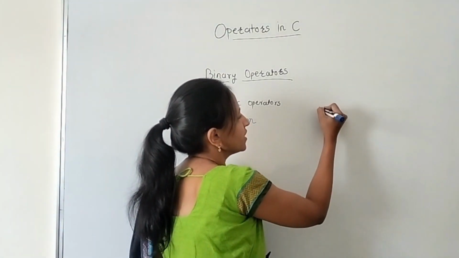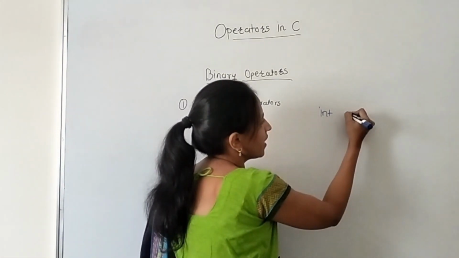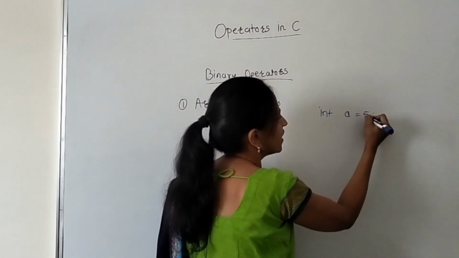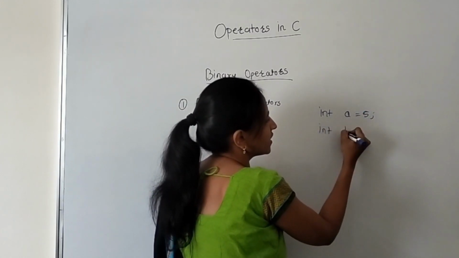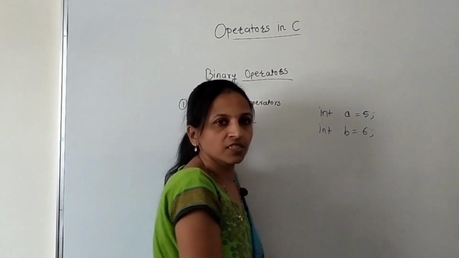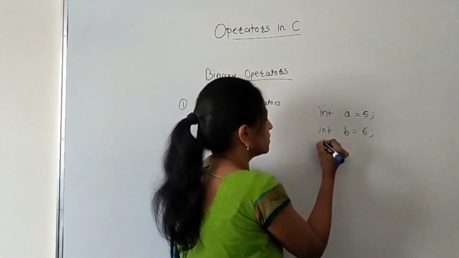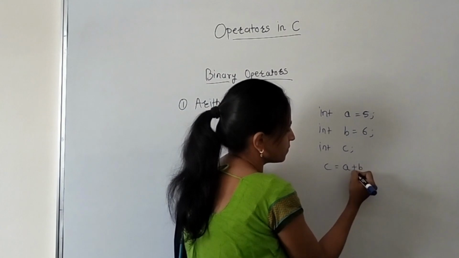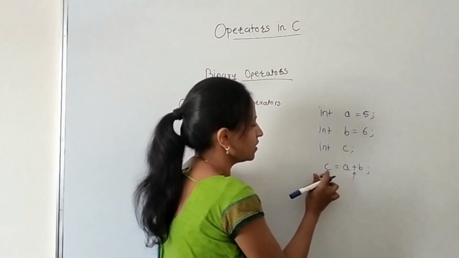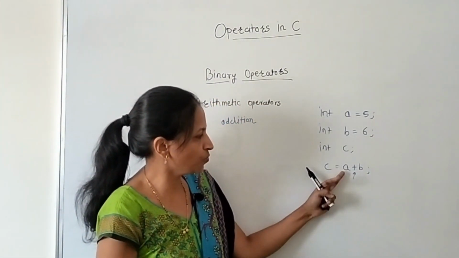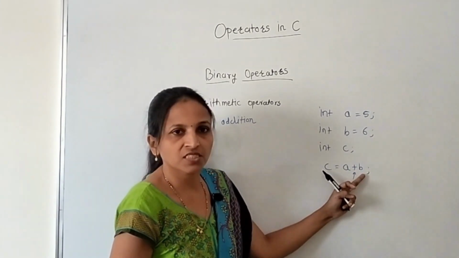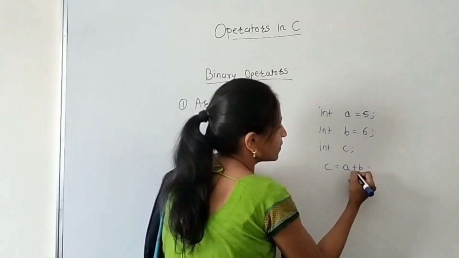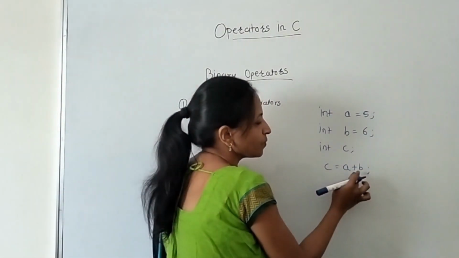Suppose we have two variables in a program, like A equals 5 and one more variable I have declared, B equals 6. Now suppose there is one variable C and I am writing C equals A plus B. Now this C will have the value 5 plus 6, that is 11, because this plus operator will do addition of these two operands.